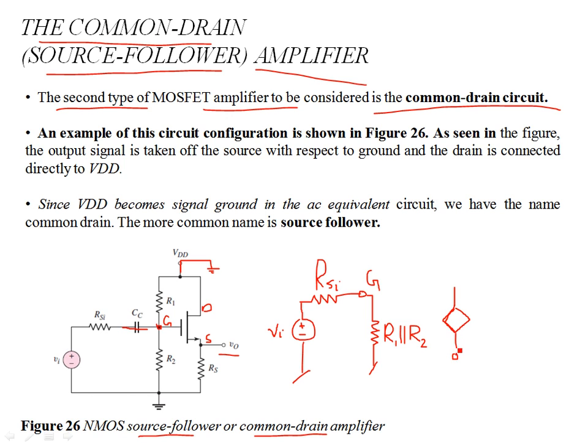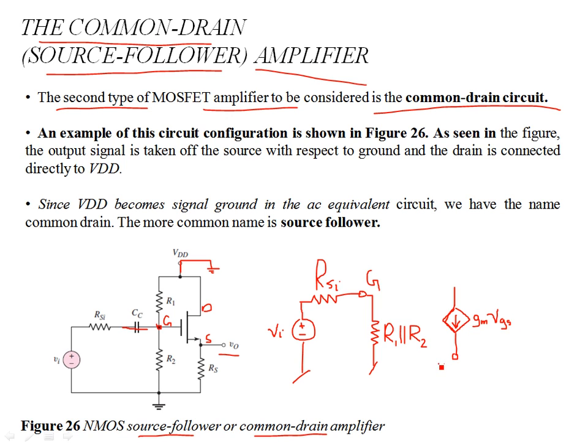That means it's a dependent current source, with a value given by the transconductance gain, gm VGS. The input is the AC voltage at the gate-source terminals, and the output is the current, so gm VGS is in amps.